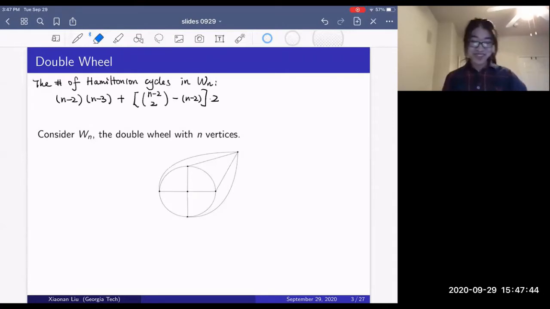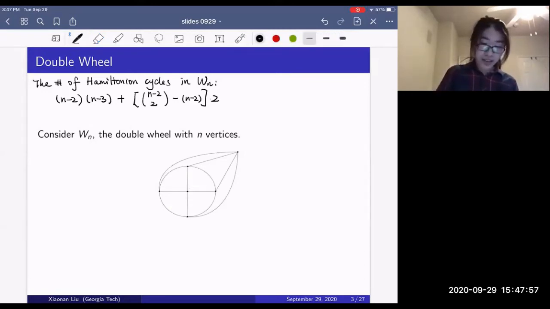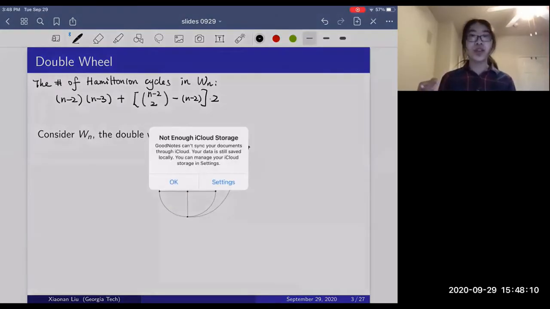The double wheel graph with n vertices is as follows. First we have a cycle of length n minus 2. Inside this cycle, we have one vertex, which we can call U, and outside, we also have one vertex V. The degree of U and V is n minus 2.